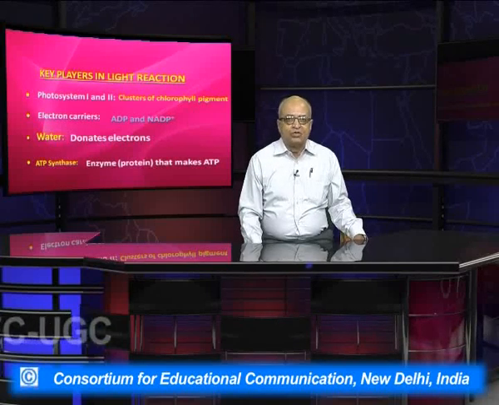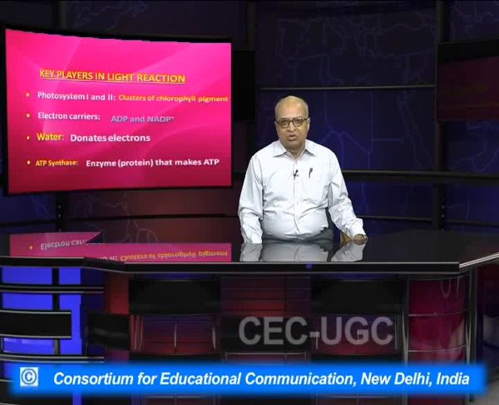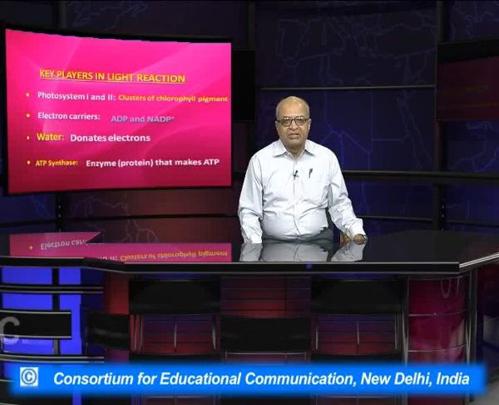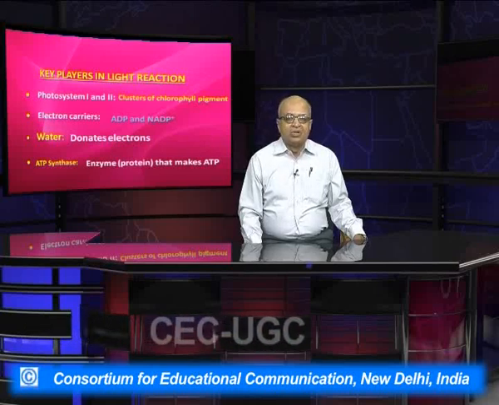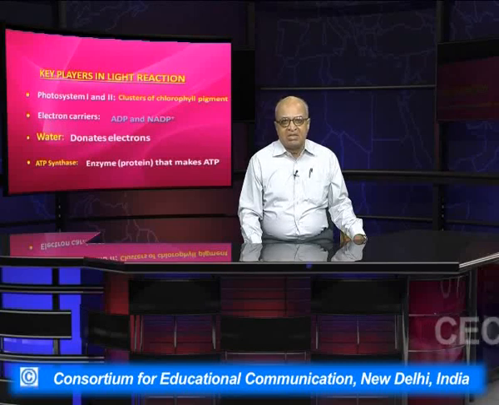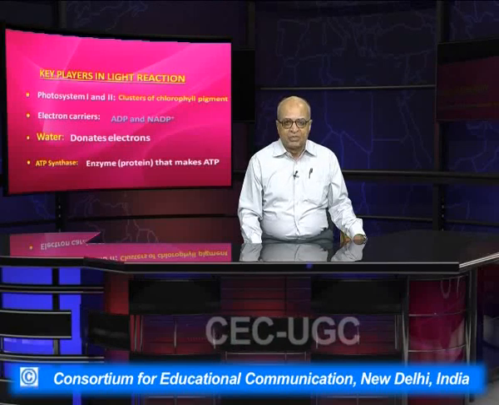In addition to photosystems 1 and 2, there is a whole series of electron carriers, arranged according to a series of redox potentials, which are responsible for the generation of ATP and NADPH.